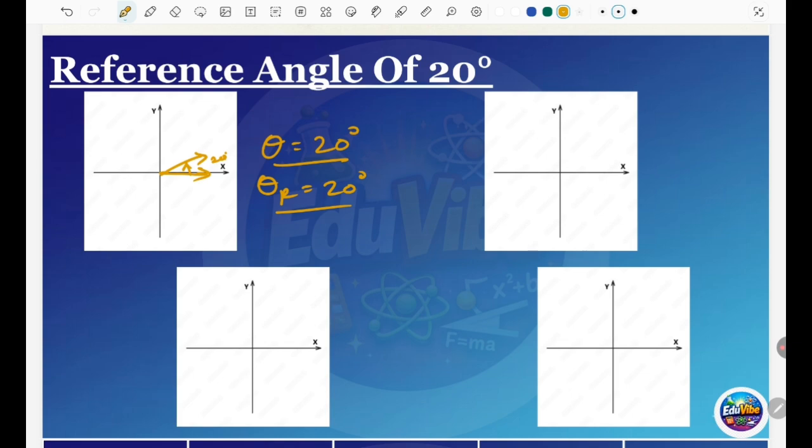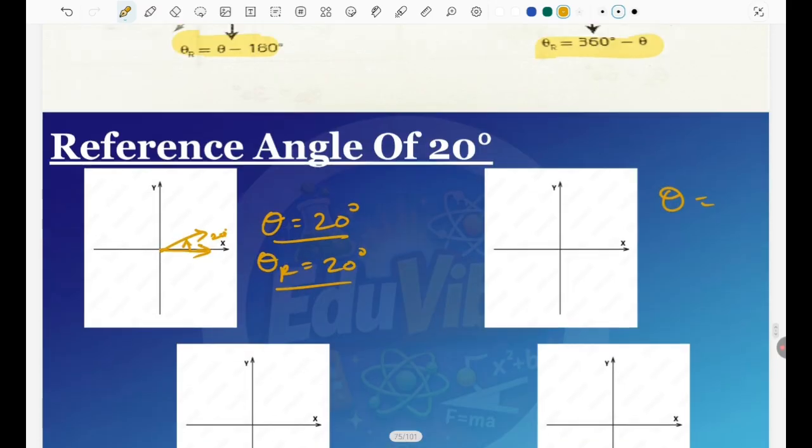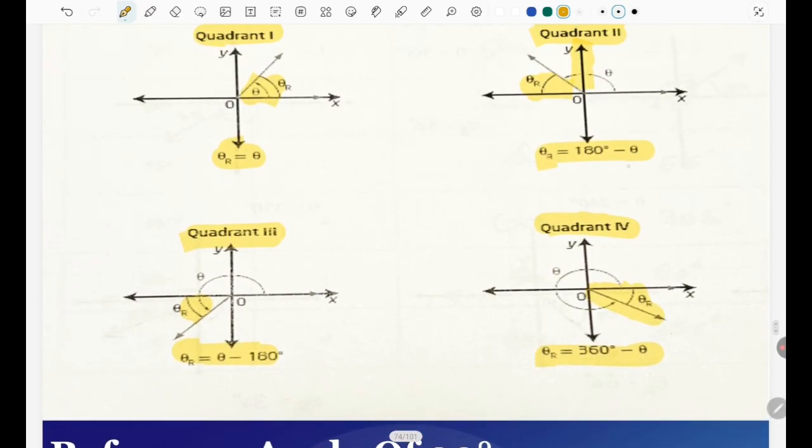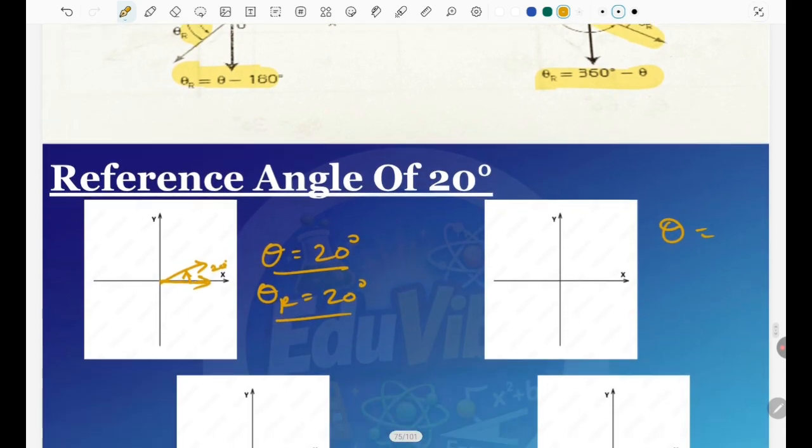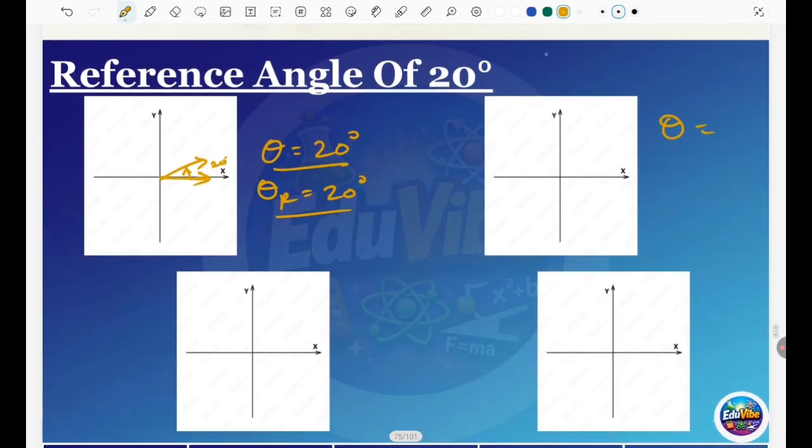For the next one, we have a reference angle of 20 degrees, but now we make it in the second quadrant. What do we do? We have to know what the theta is in the second quadrant. When we go from theta to the reference angle, you do 180 degrees minus theta.